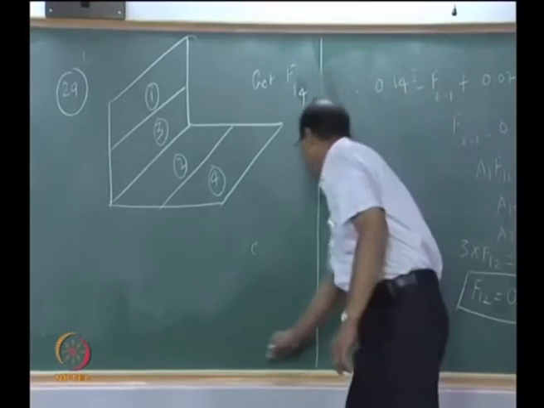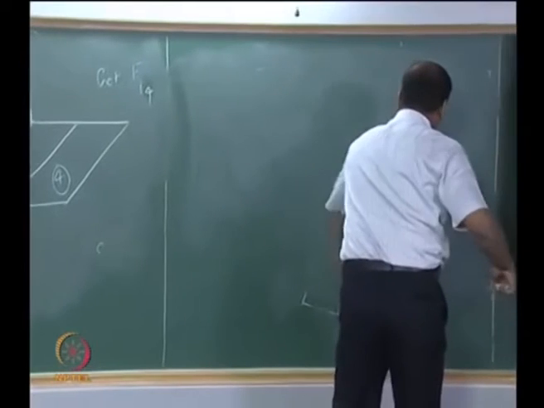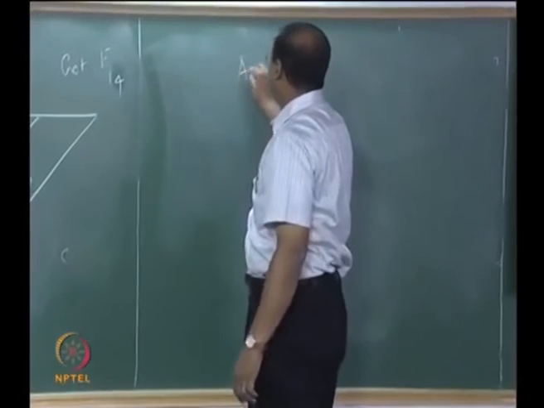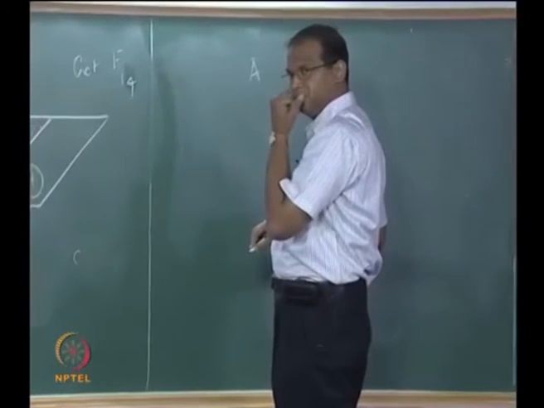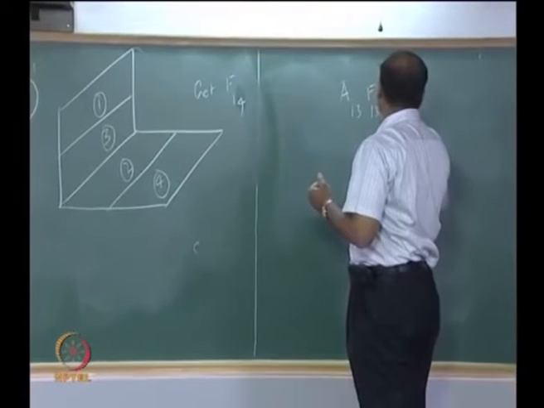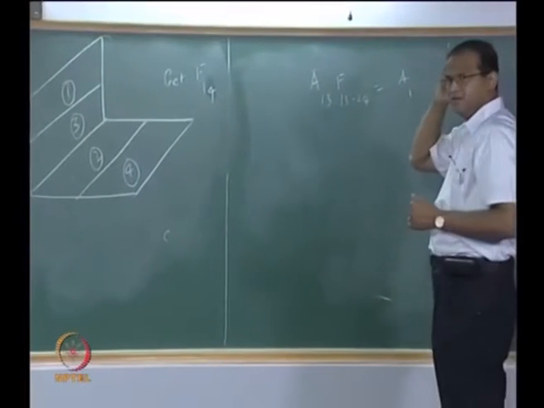Okay, so maybe we will start out. We will solve this problem in the next class, but just 1 or 2 steps we can do. So A, is it correct?